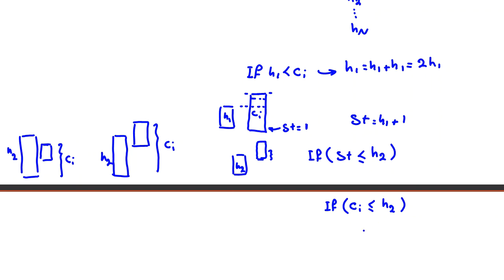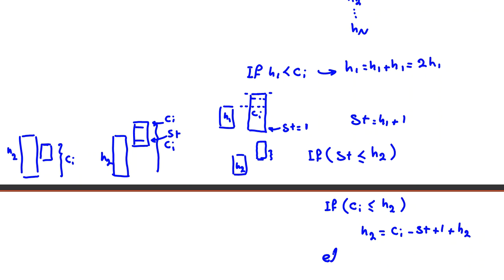So h2 will be ci minus st, this pointer is ci, this pointer is st, ci minus st plus 1 plus h2. Okay?